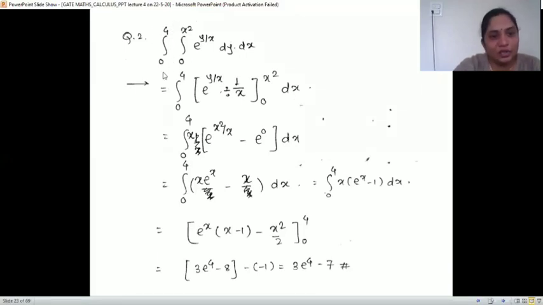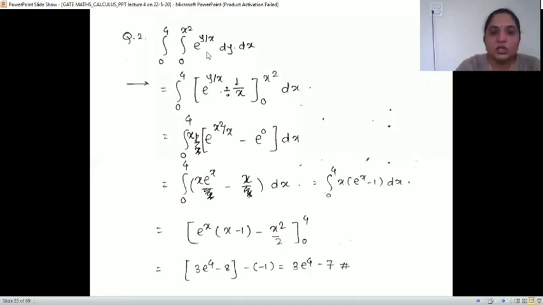So the outside are limits of x and these are limits of y. Remember, functions of x are limits of y. So we have to take the integration with respect to y first. Remember, always take the integration with variable limits first, and the constant limit should be outside.